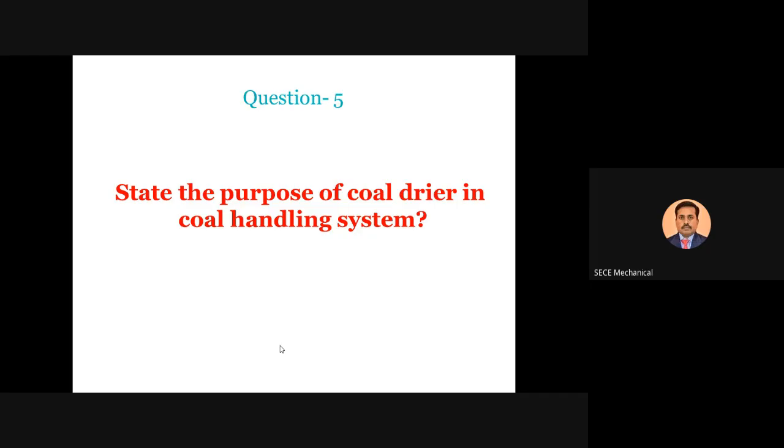In the furnace boiler area only, the coal is fired. So now can anyone tell what is the function of the coal dryer, or how the coal dryer is used while handling the coal? What is the purpose? I already told some aspects of the coal dryer in the last class itself. Anybody knows what is the coal dryer? What is the purpose?